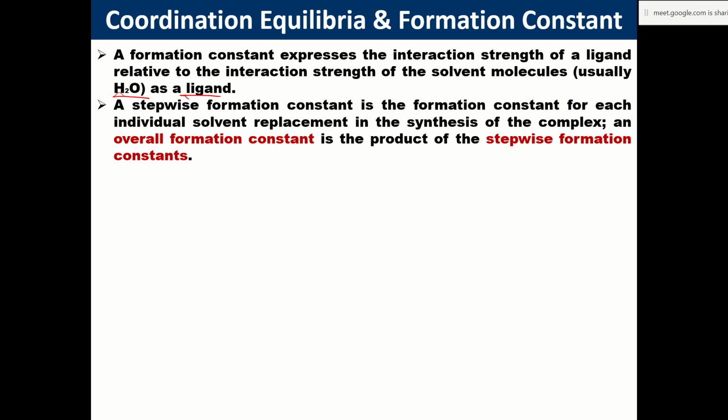You start with, say, M(H2O)6. So this is your starting point, and then you have some additional ligand MX, which you can write as, so each of the steps is to be indicated as an equilibrium, like this.